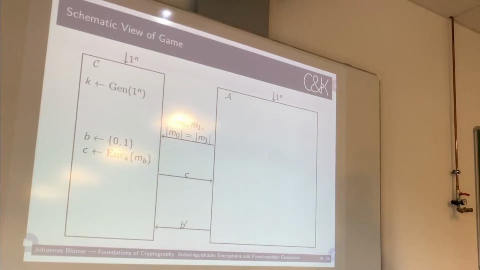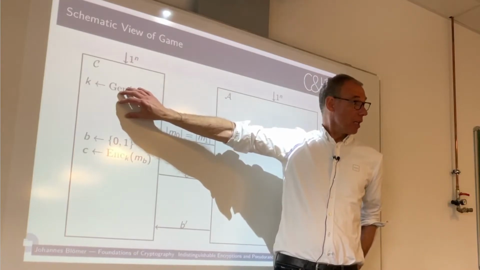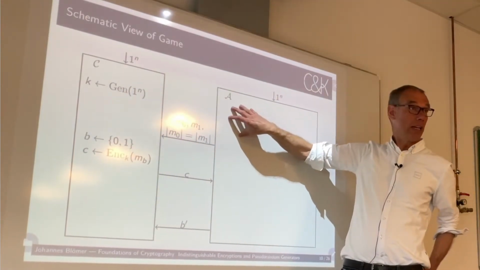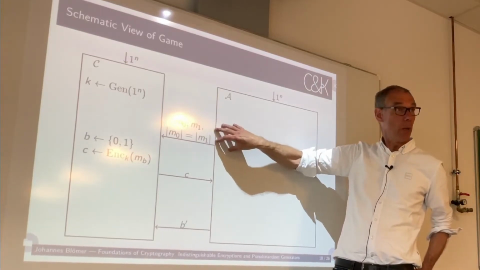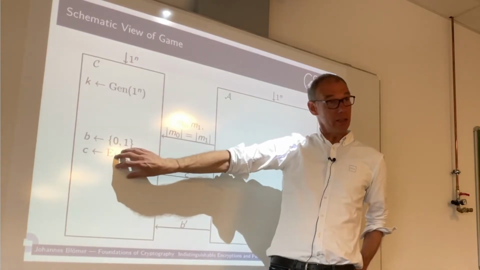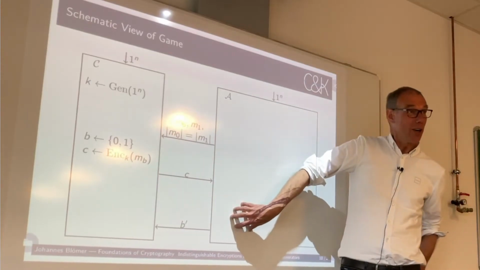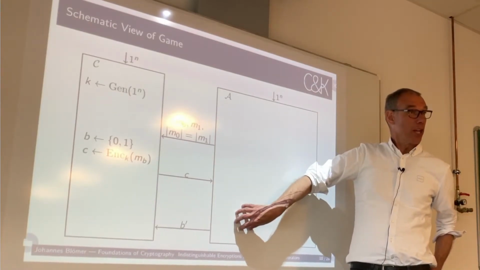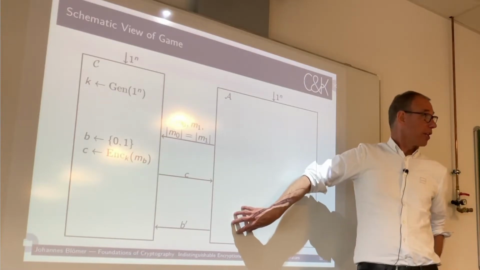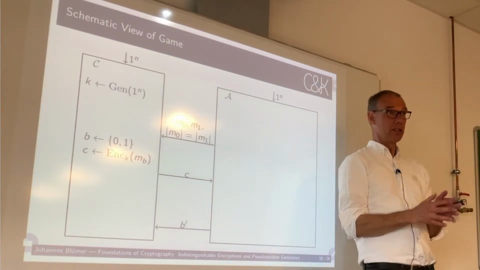It's over every choice that appears in this game, over every random choice. So it's over the choice of the key. It's over the internal randomness of A picking this M0, M1. It's over the random choice of b. It's over the random choices involved in encrypting. It's over the random choices of the computation that are involved in the computation of b prime from A. Over all these random choices is a probability.